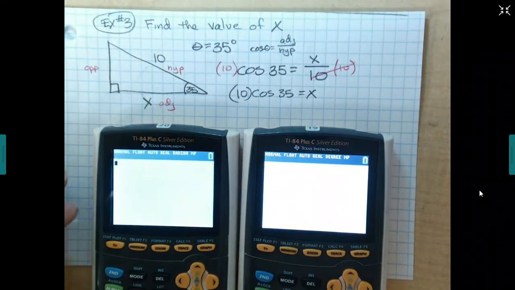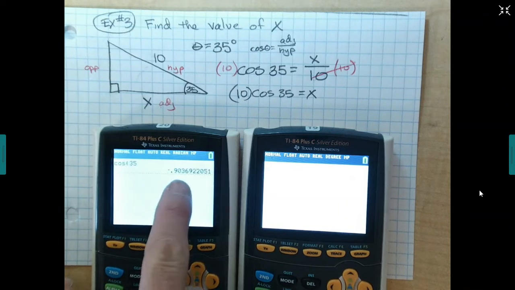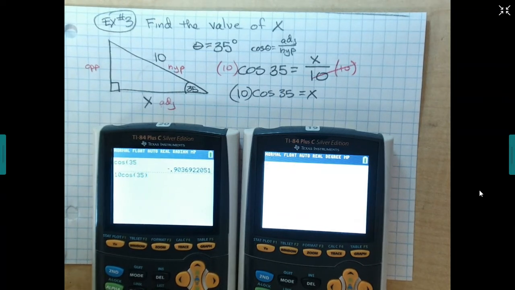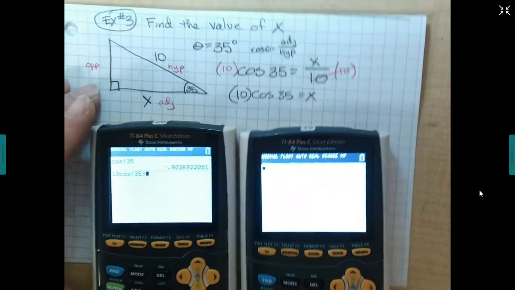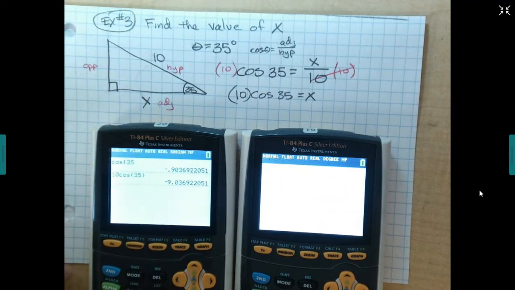So unfortunately, if I put cosine of 35 into this calculator, I get a negative number. The best way to do this would be to put 10 cosine 35 into the calculator, and I should get my length of x. Unfortunately, this gives me a negative number.